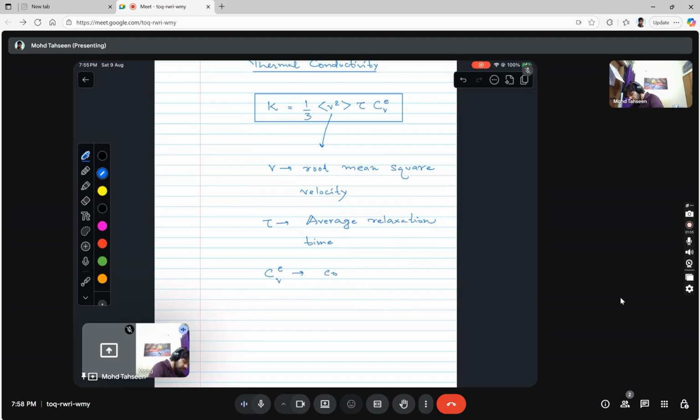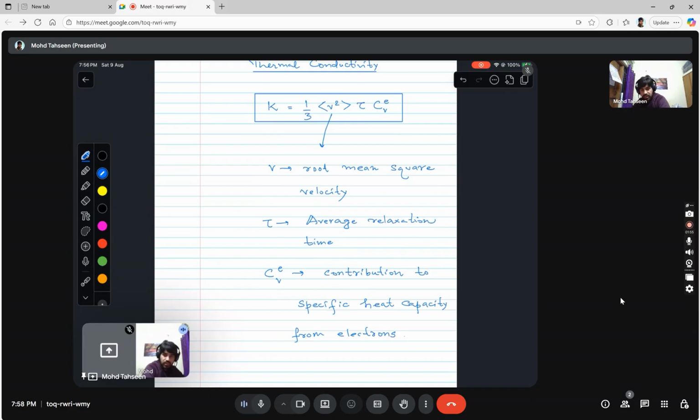It's the contribution to specific heat capacity from electrons. So there are going to be in general two contributions to this specific heat.